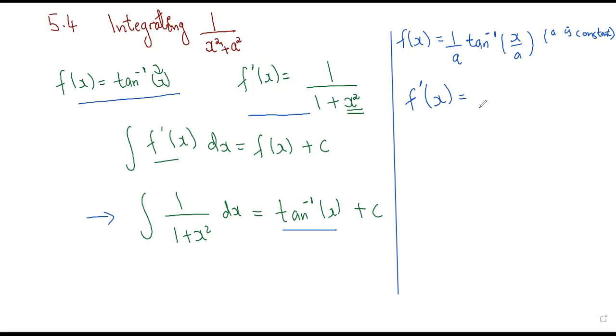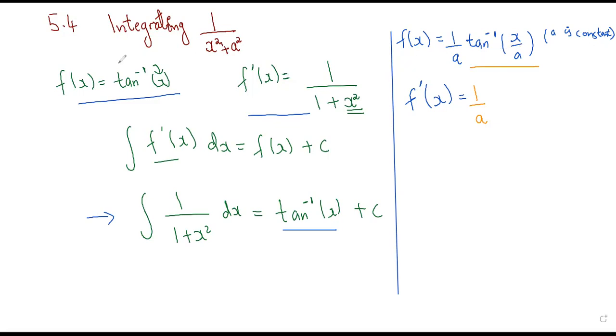Take your time. Look, this a is a constant. So 1 by a would be a simple number and my derivative would not be affected by that, right? Do you agree? So I will write down this 1 by a as this. Now we need to focus on this part only, tan inverse x by a.